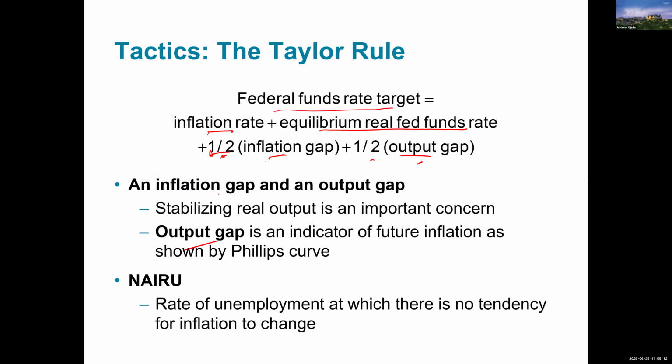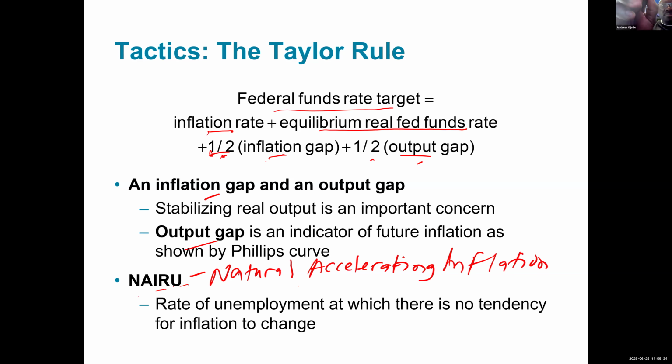So I talked about that already. NAIRU is basically, NAIRU stands for Non-Accelerating Inflation Rate of Unemployment.